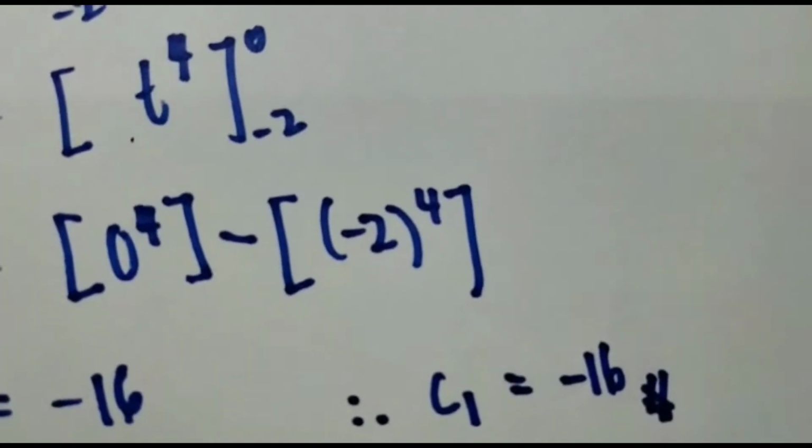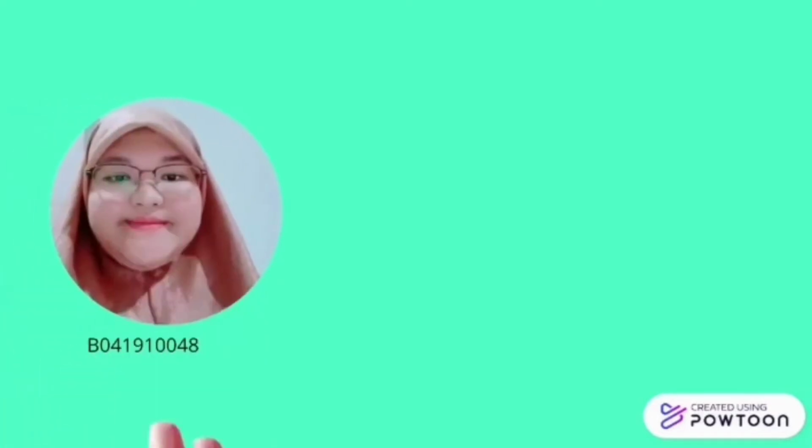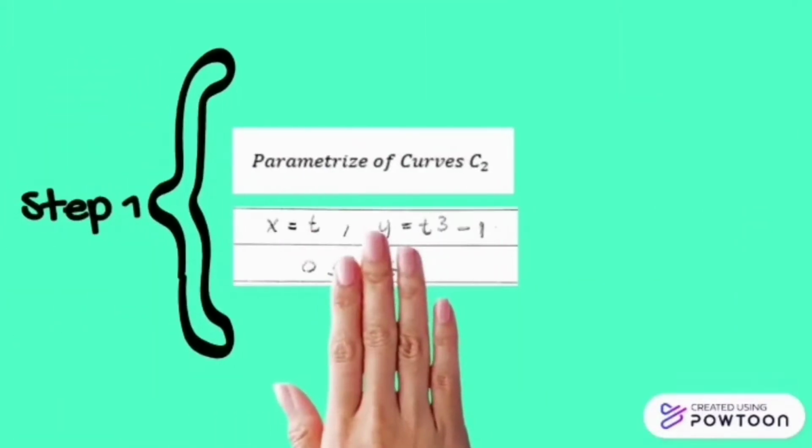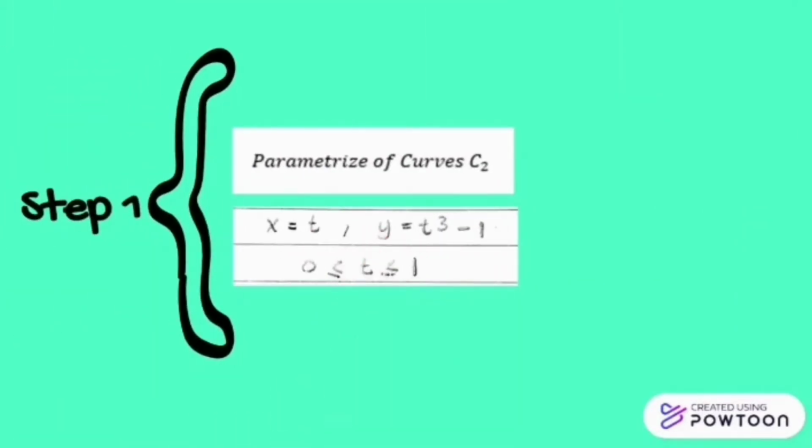Thank you. Next, I will show you how to find curve C2. First step, we parameterize the curve C2, where x equals t, y equals t cubed minus 1, and the range is from 0 until 1.